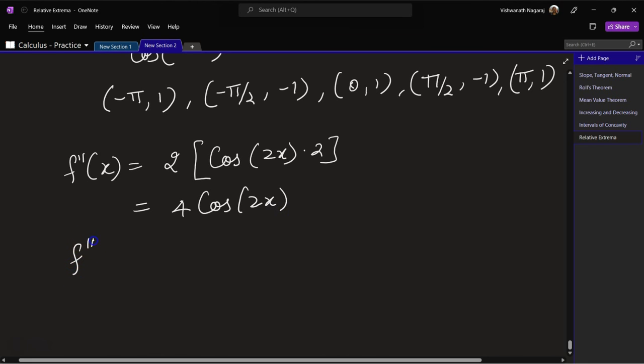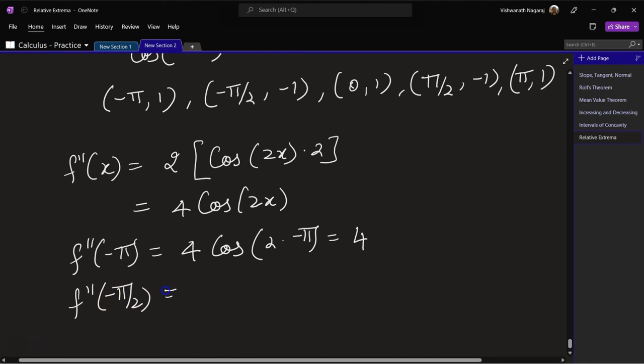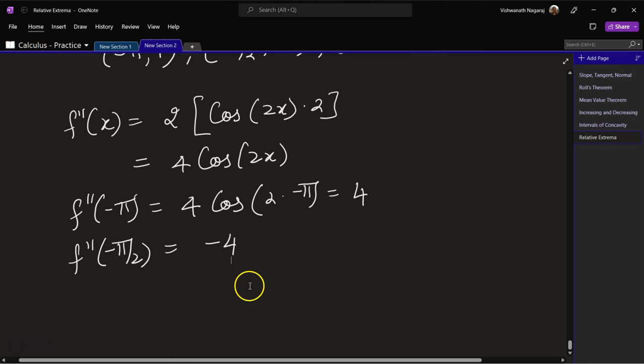And now we do the substitution. So f double prime of minus pi is equal to 4 cos 2 times minus pi, which is cos minus 2 pi, is 1. So this is 4. F double prime of minus pi by 2 is equal to, if you evaluate it, will come to minus 4.